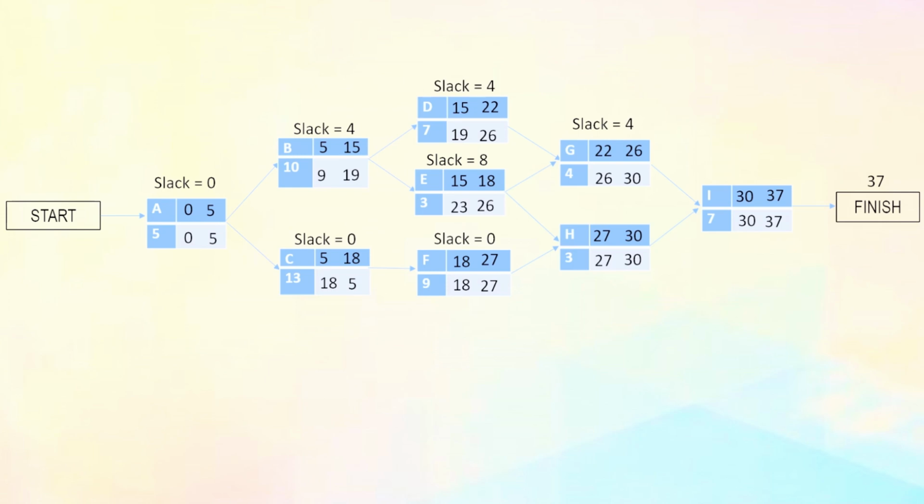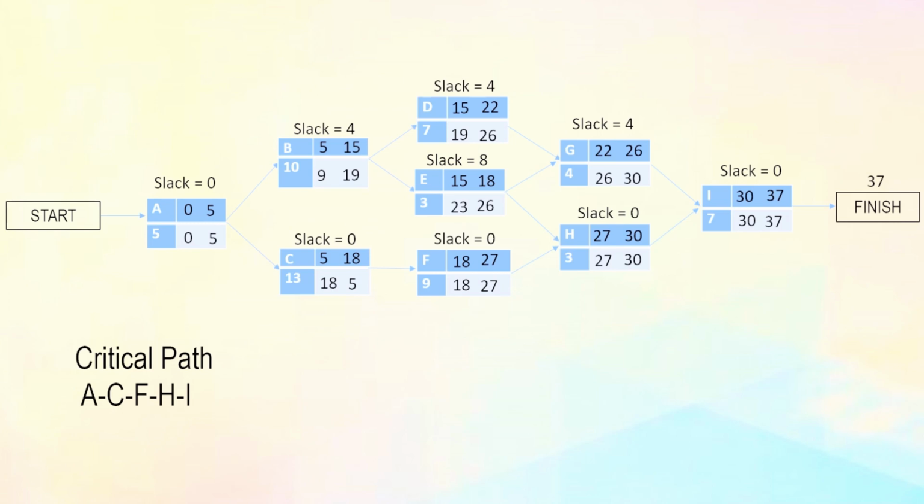It can be delayed for up to 8 days, and the project will still be completed in day 37. Activities A, C, F, H, and I, on the other hand, can be delayed without extending the project completion time.